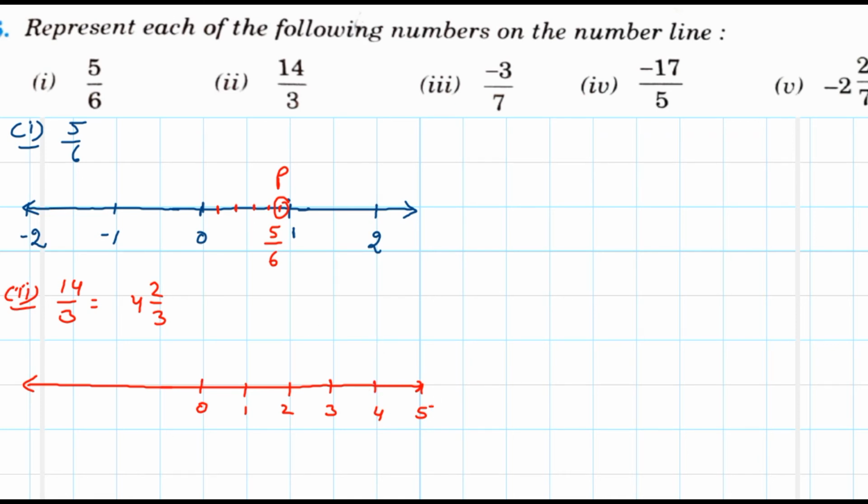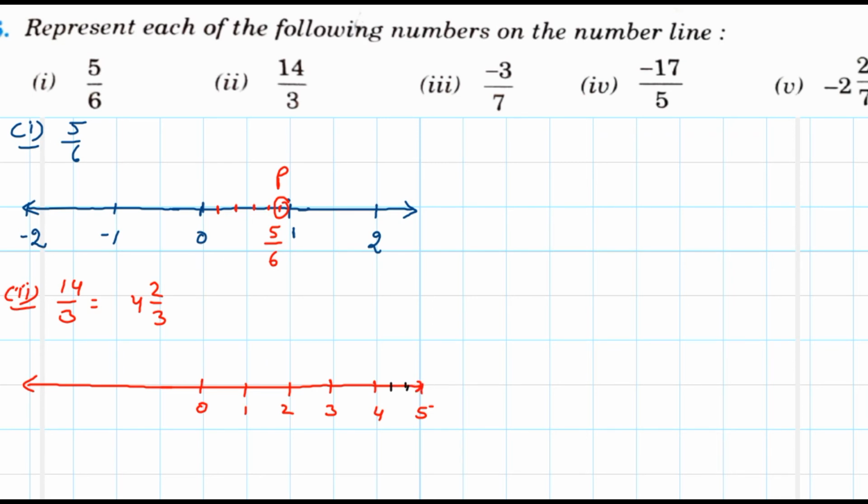Now we have to show this 2 upon 3 on the number line. So we will divide, take 1, 2, and by counting this has become 3.